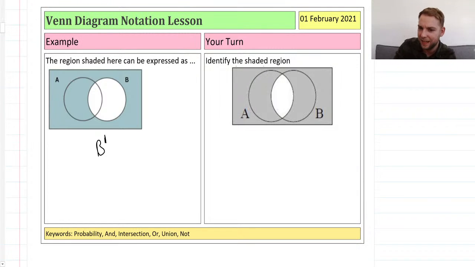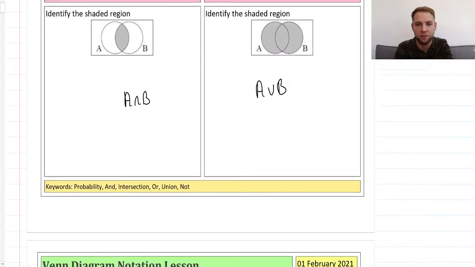Now, this one under here, you might want to get this one down in your notes. Because the way this works is you're combining now two different things. The bit that's not shaded, now that's important, the bit that's not shaded is the intersection, which is A and B. So what we want to say is we want A and B, but everything that's not A and B. So look, A and B is the middle part up here, which we'll go back to.